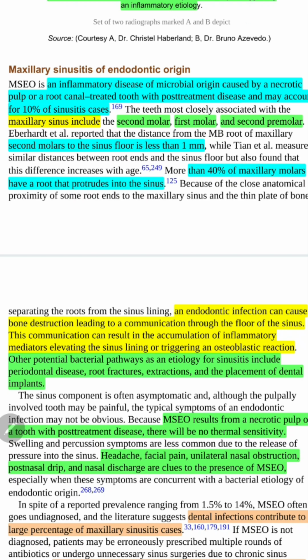We know that the distance from the mesiobuccal root of the maxillary second molars to the sinus floor is less than 1 millimeter, and 40% of maxillary molars have a root that protrudes into the sinus, so infection is common.